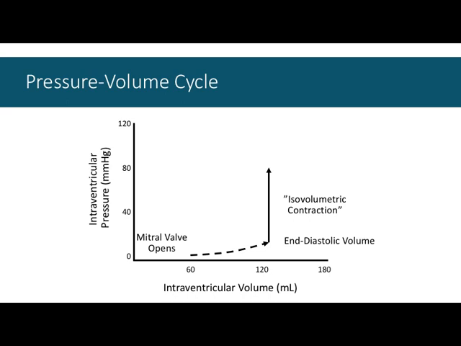As the ventricles start to contract, what's not written here that should be fairly obvious is the mitral valve closes. There's no escape for the blood in the ventricle. As contraction proceeds and pressure builds, we're in a phase called isovolumetric contraction. So volume stays the same while contraction proceeds.